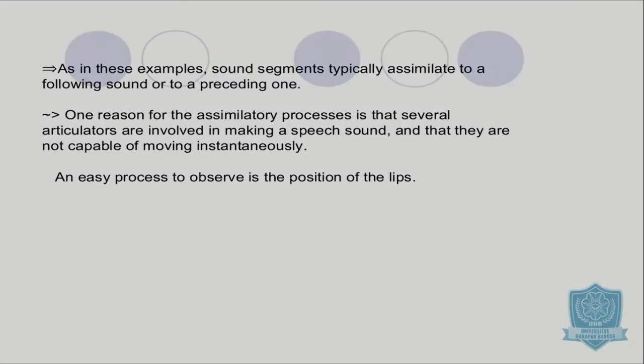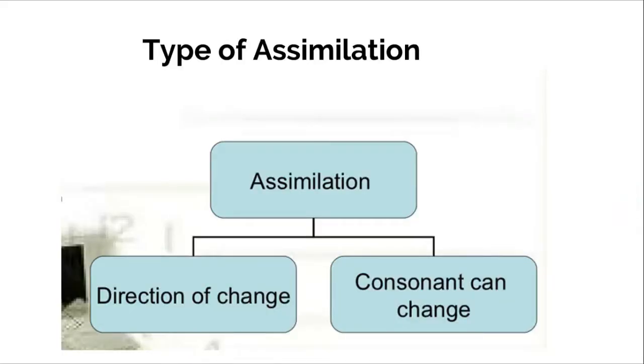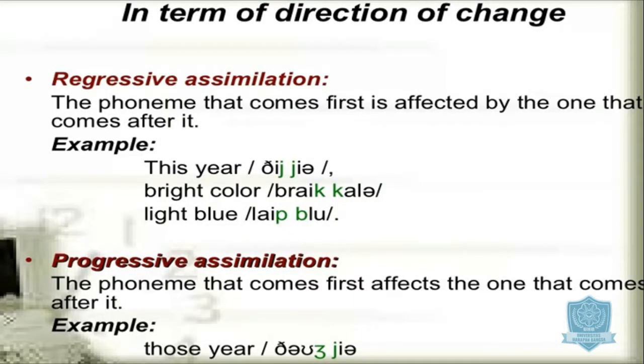When we talk about assimilation, there are two types in terms of direction of change: the first one is regressive assimilation, and the second one is progressive assimilation.